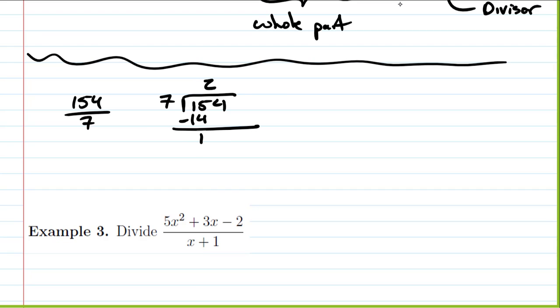We subtract, we have 1. We bring down our 4 to get 14. 7 goes into 14 twice. 14, this time we ended up with 0, so we had a remainder of 0.